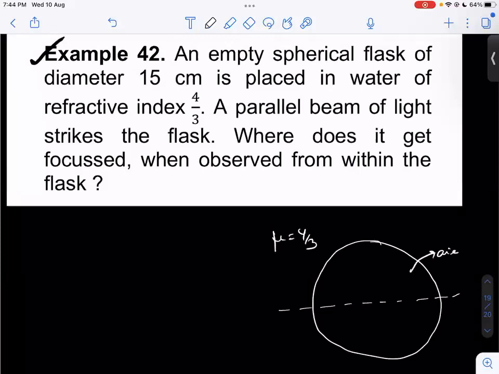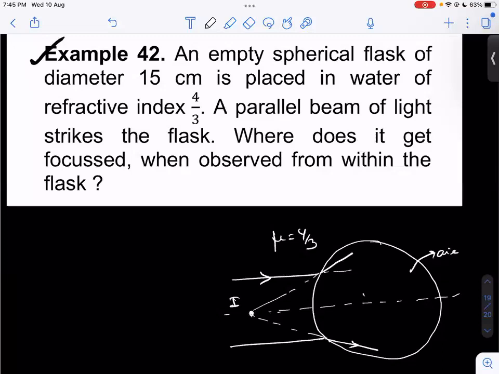Is it not air? Right. So when a ray strikes parallel to the principal axis, observe when the ray travels from denser to rarer, what will happen to it? It starts bending away from the normal. So here also it bends away from the normal. Where do they get focused? These two rays put together will form an image at point I on the left hand side.